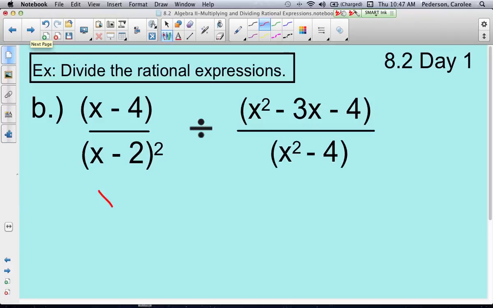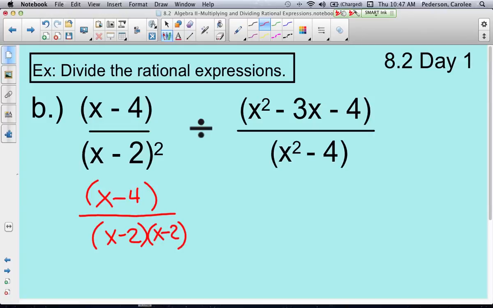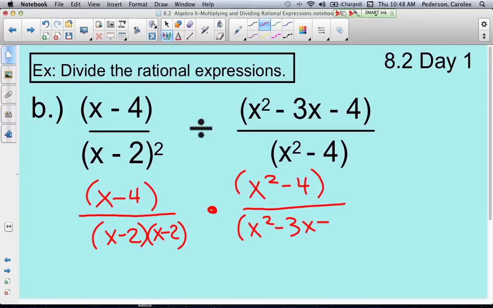So we keep the first fraction. I'm just going to split this up as x minus 2 and x minus 2. And then multiplication is now changed as the sign. And now we flip. So now it's x squared minus 4 in the numerator, and then x squared minus 3x minus 4 in the denominator.